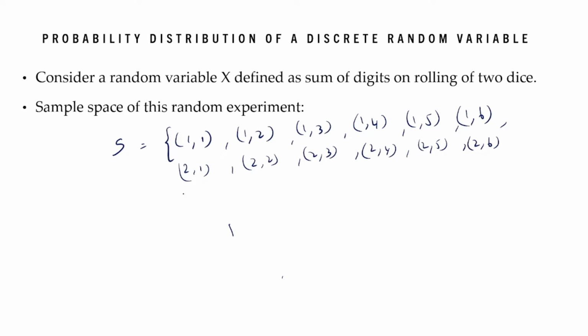This is the sample space of the experiment rolling of these 2 dice. So like this the sample space goes.